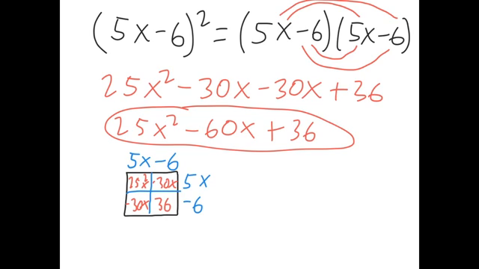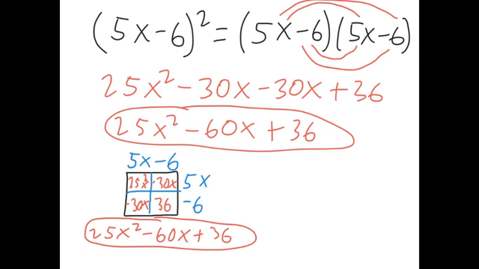And then do like we did before and add diagonally. So 25x squared, and then negative 30x and negative 30x is a negative 60x. And then plus 36, and we get the same answer.